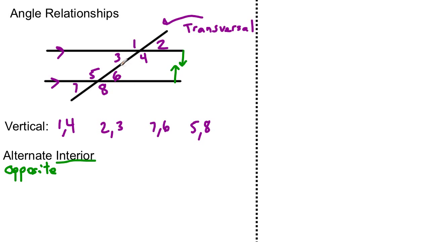So what we're talking about here, for example, is 6 and 3. Those angles are equal. So let's write up that example: 6 and 3. Another example would be 4 and 5. Cool.